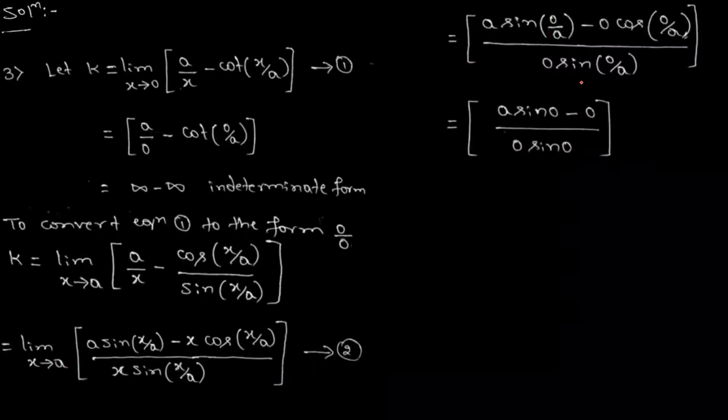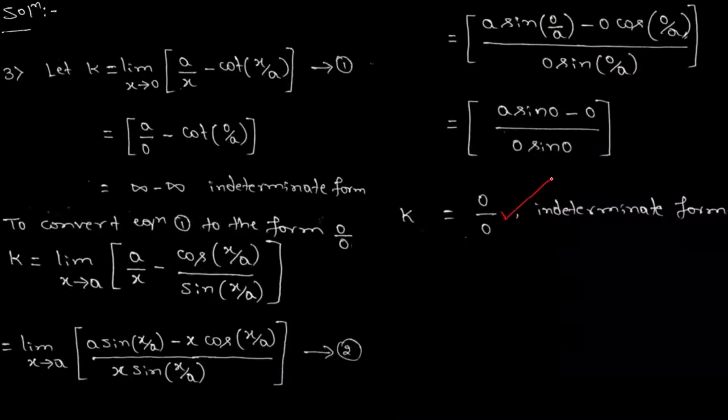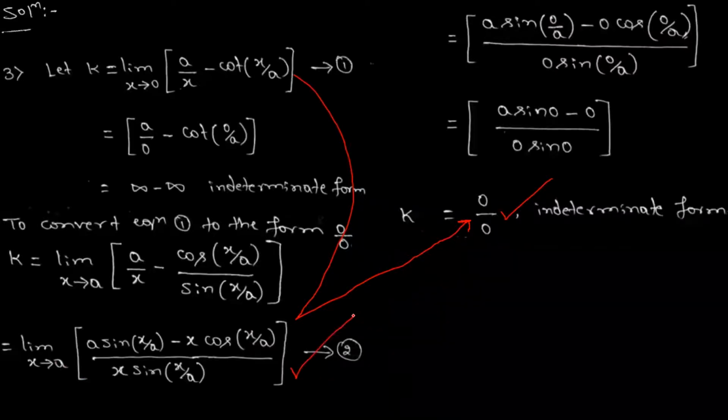After all these simplifications, we get 0 by 0. Yes, after manipulation, we got the form which takes 0 by 0. Now, this form is applicable for LH rule.